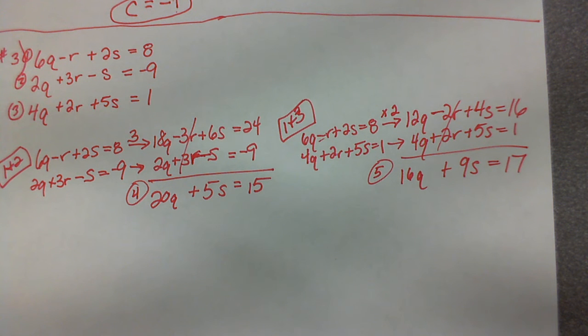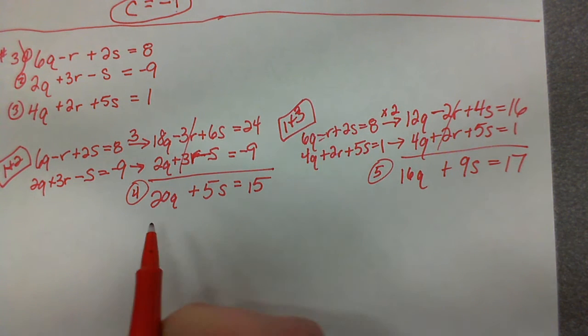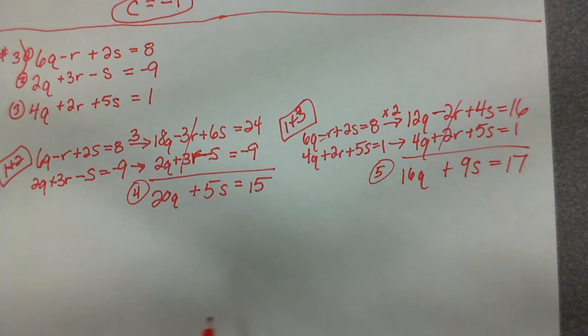So we got to try to find a variable there that will work out nicely for us. If we look, 20 and 15 are all divisible by 5. We could actually make these numbers here smaller.